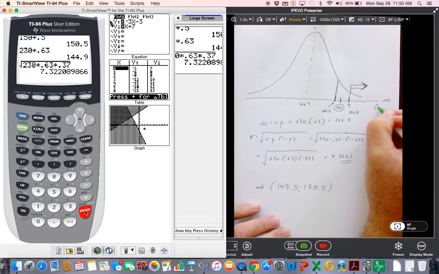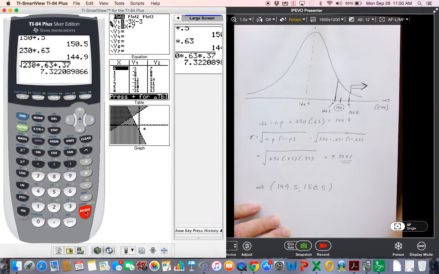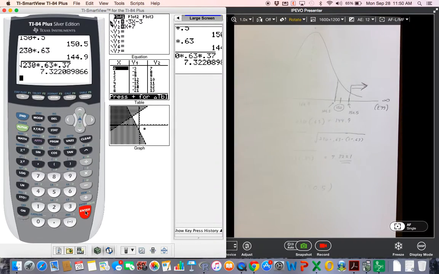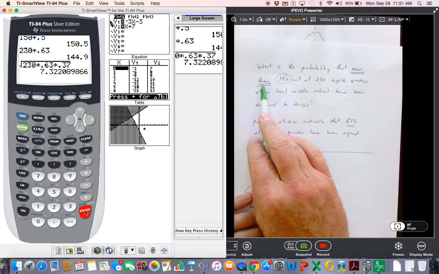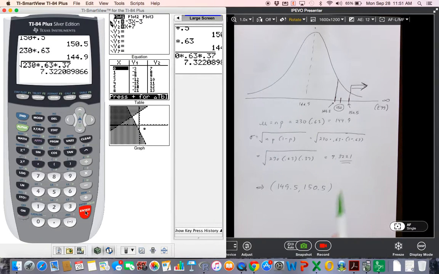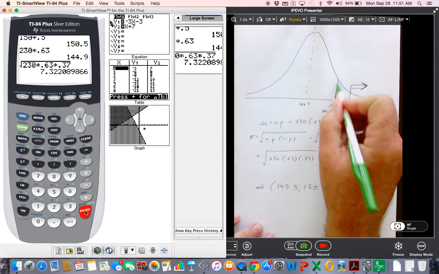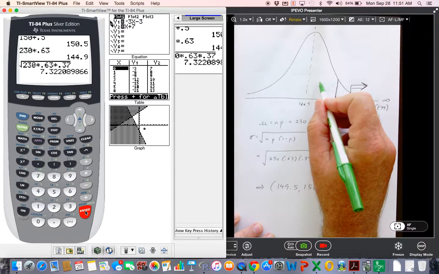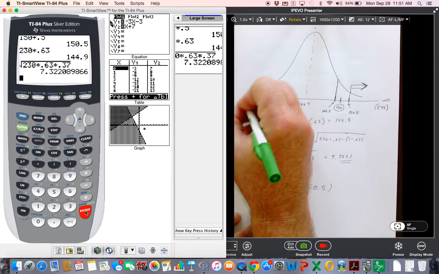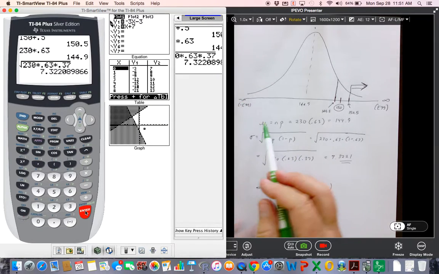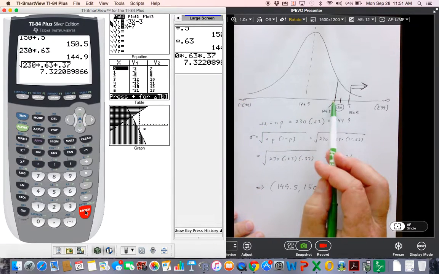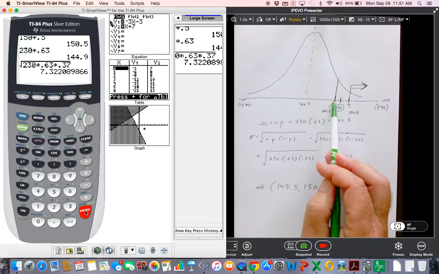Guys, remember on our calculator, infinity up here, we're going to use E99. Now, if this problem came in here and said, what is the probability that less than 150 out of 230? Then I would have to focus on the lower bound of that interval and go from negative infinity, which we should know by now is negative E99, up to 149.5.